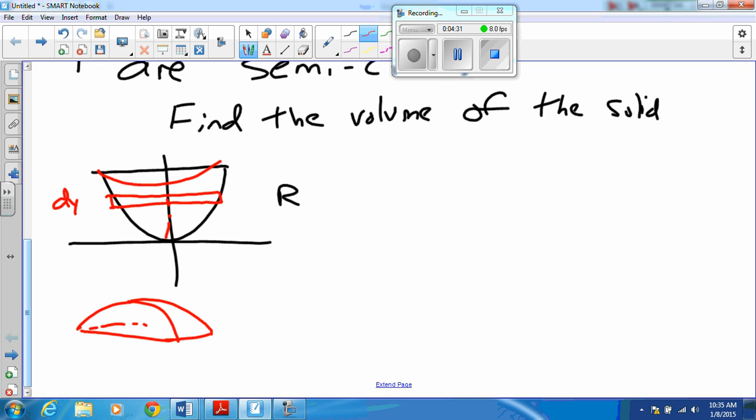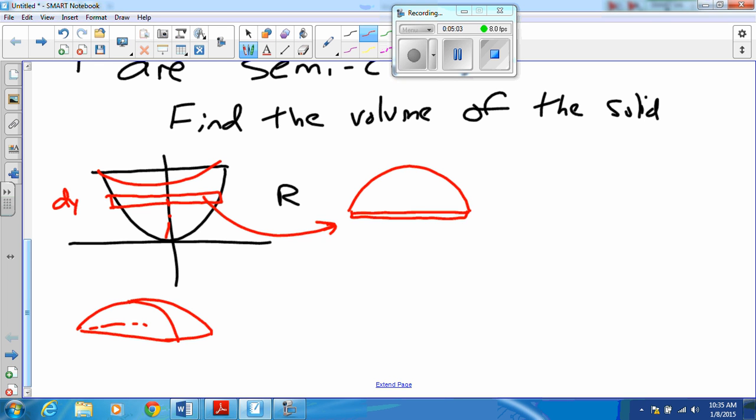So what I'm doing here is slicing that with a mathematical knife and taking one single cross-section, and when I pull out that one single cross-section, my representative rectangle now becomes the bottom of that cross-section, and the shape of that cross-section is a semicircle.